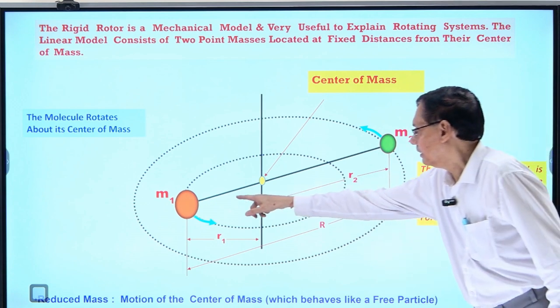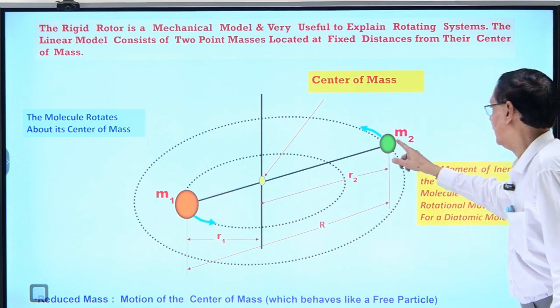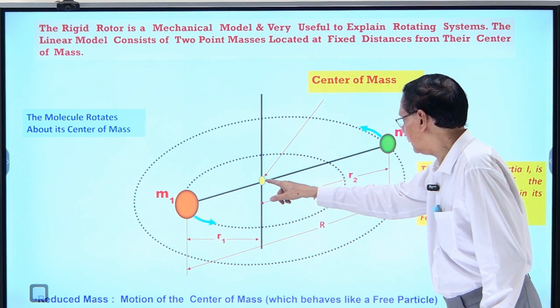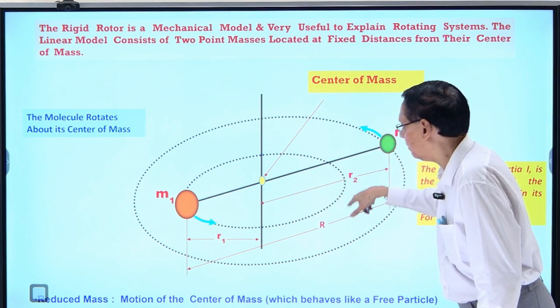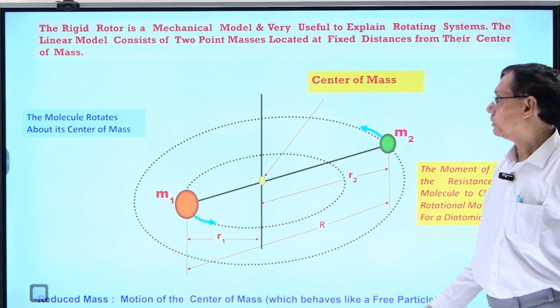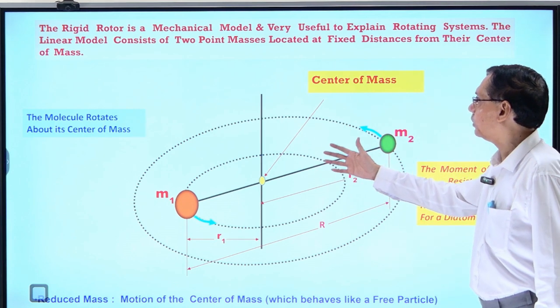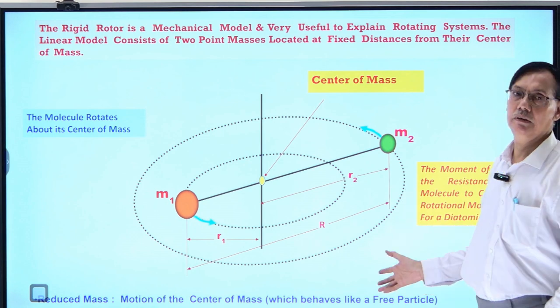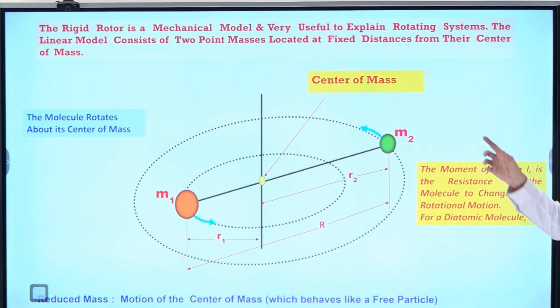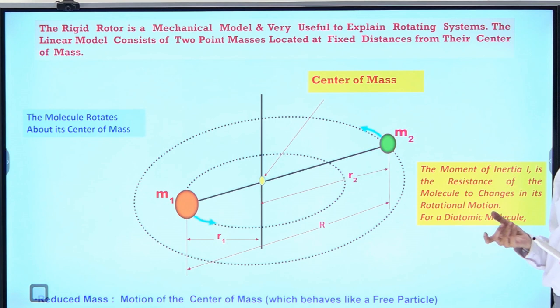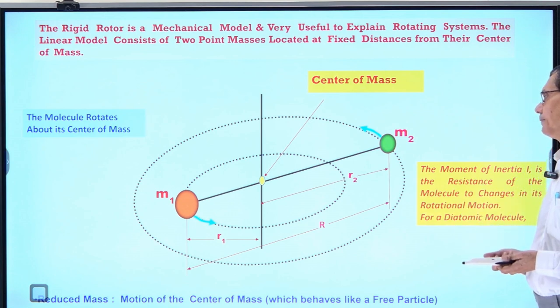One atom is there, another atom is there, and there is only one center of mass, and it rotates about this center of mass. This is a simple rigid rotor model, a mechanical model, very useful to explain the rotating system, because when we are talking about the rotational partition function, we must consider the types of the rotations.